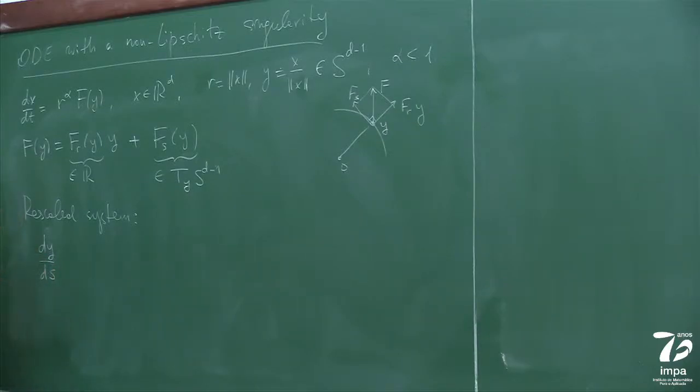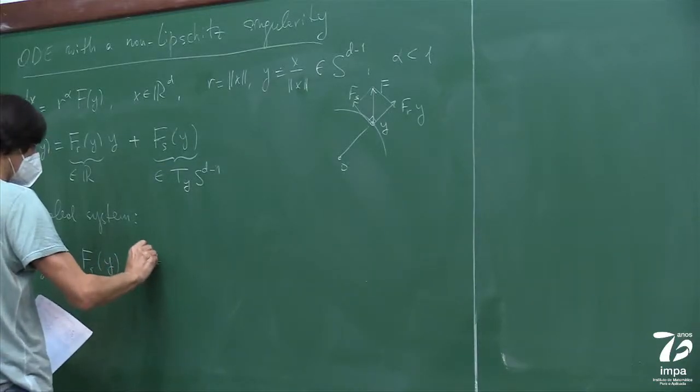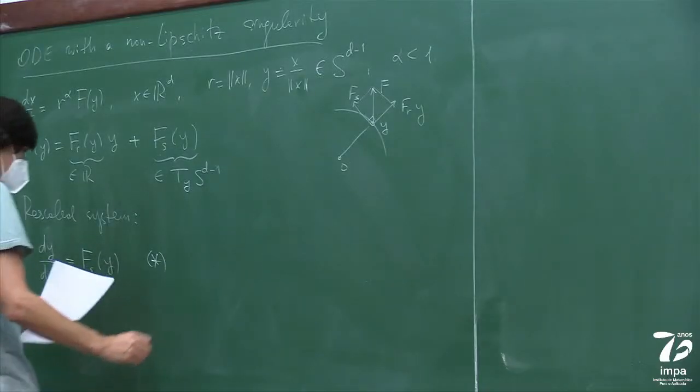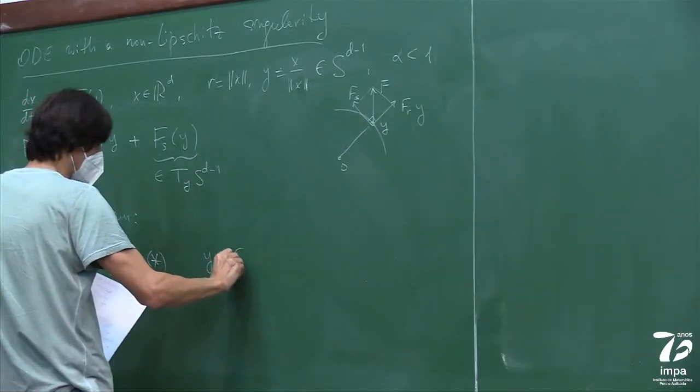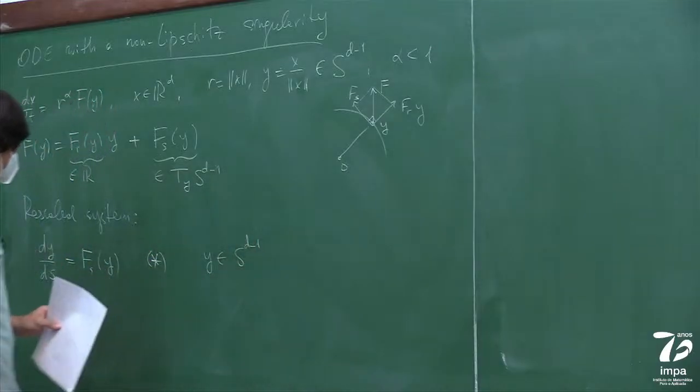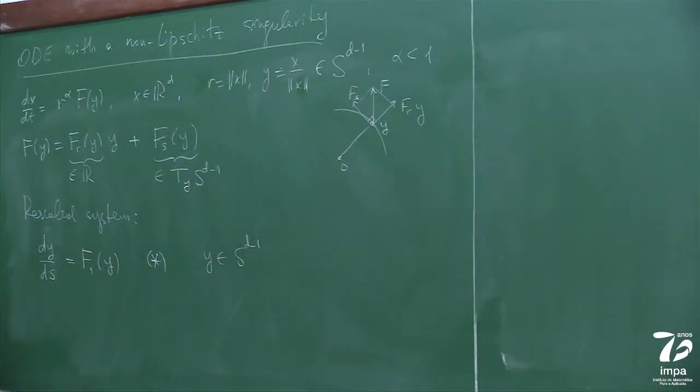It's time which we call s, and it's defined only by the spherical part of the field. So we will call this equation star. And then we can reconstruct the original variables implicitly.